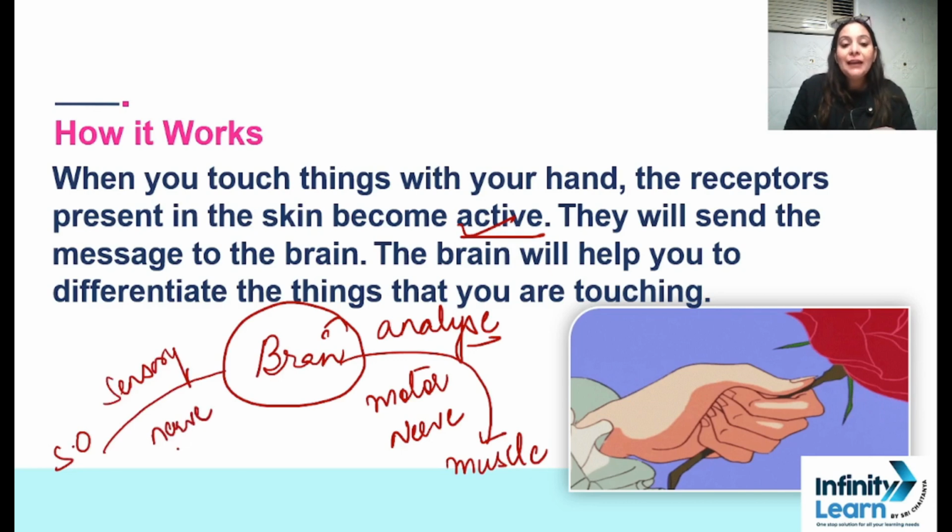Then your brain analyzes and responds through the motor nerve, and as a response your muscle contracts and your hand is withdrawn. That is why you immediately remove your hand when you touch something hot. This complete passage occurs so quickly.